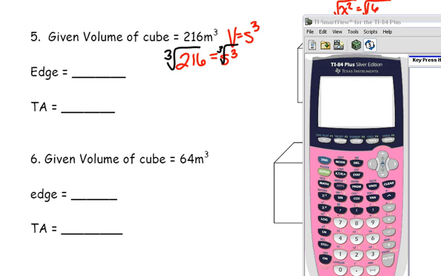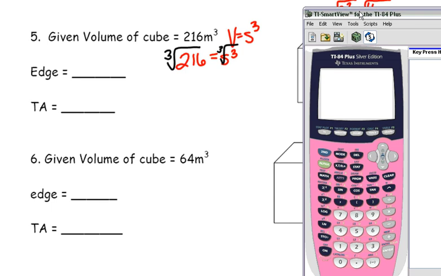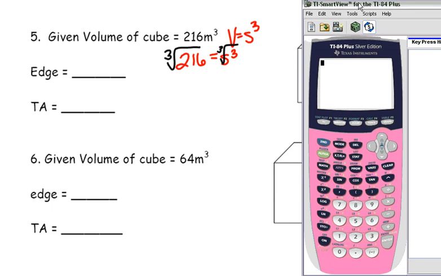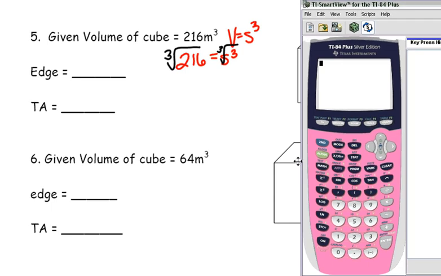Now in reality, you should have your cubes memorized from way back in first semester when we gave you that cube and square series of numbers to memorize. But let's say, for some crazy reason, that you've totally forgotten how to do your cubes. Well, if you push the math button on your calculator, you can see down here at number 4, it's got that cube root symbol.